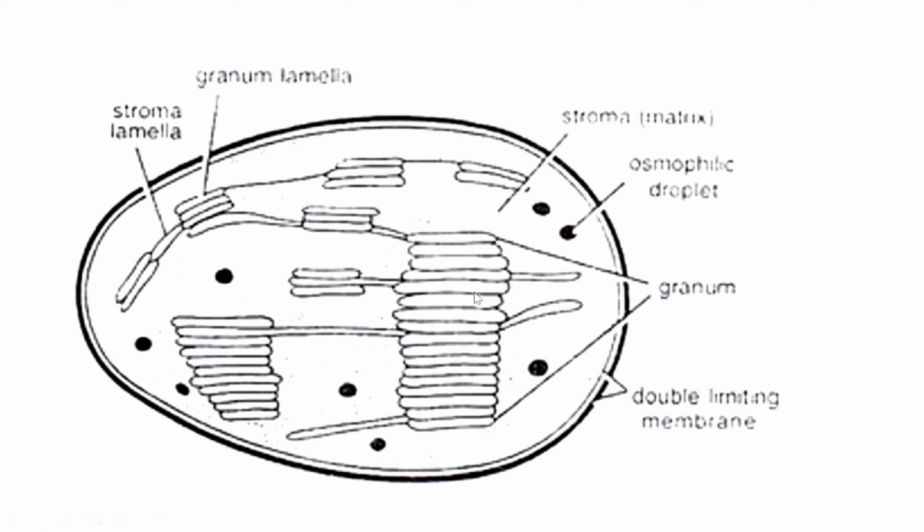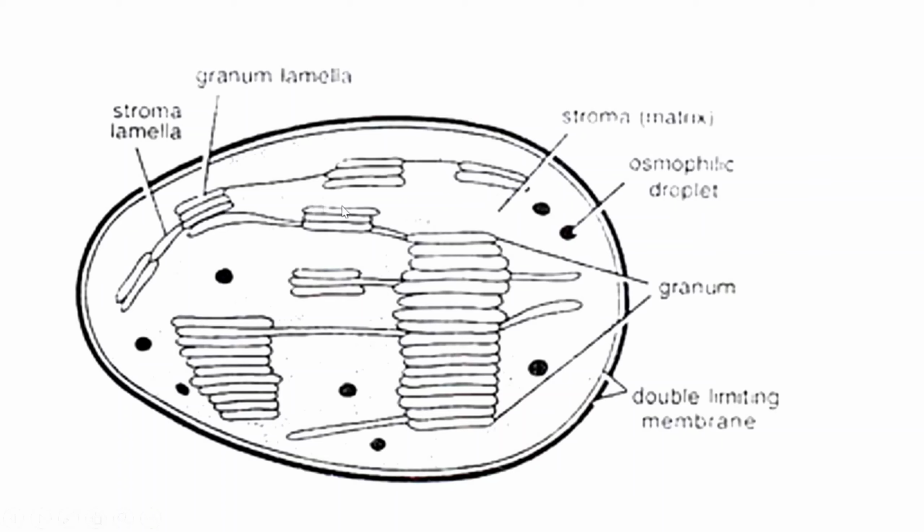There are many grana in the chloroplast. All are interconnected with each other by thin lamellae. The lamellae interconnecting the grana are called stroma lamellae.